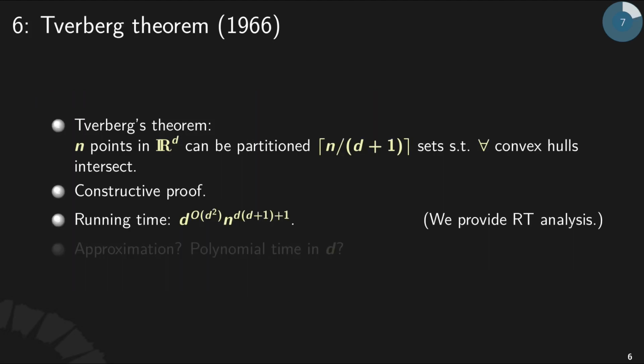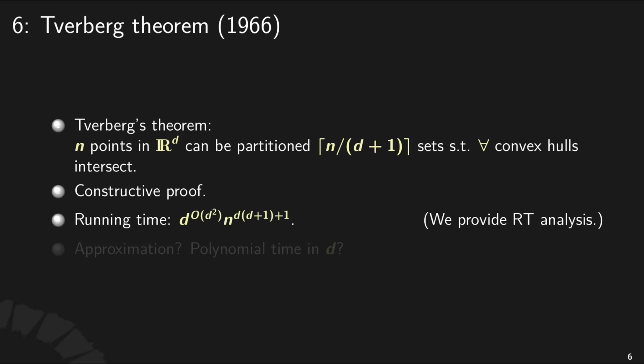Of course, the reason why Birch's theorem is relatively forgotten is because roughly 10 years later, Tverberg came up with his amazing theorem. Tverberg's theorem states that if you're in d dimensions, you can always partition the points into groups of size n over d plus 1, such that every d plus 1 form a simplex in this partition, so that the convex hull of all those sets in the partition has a non-empty intersection, right?